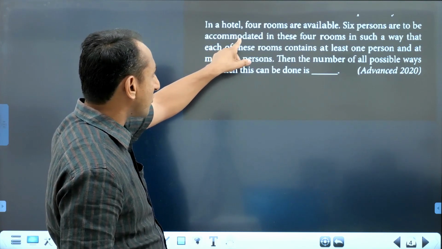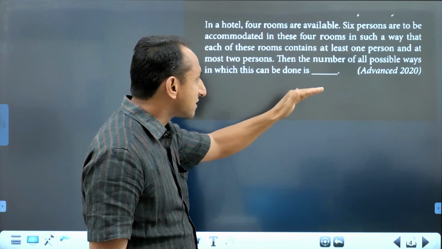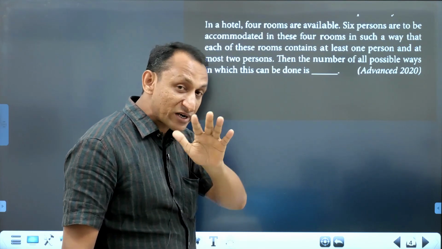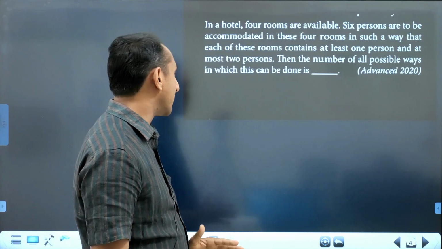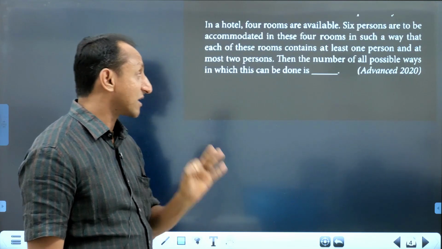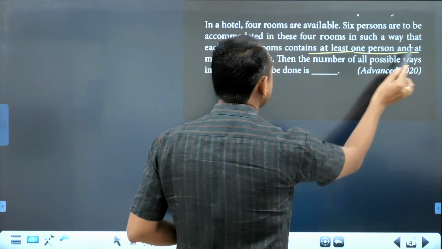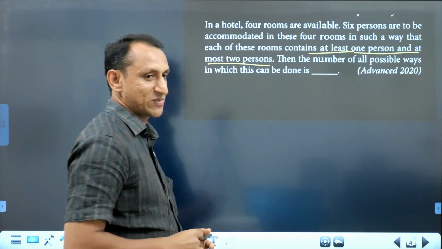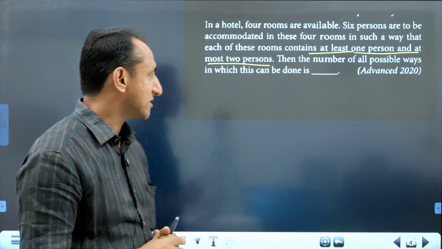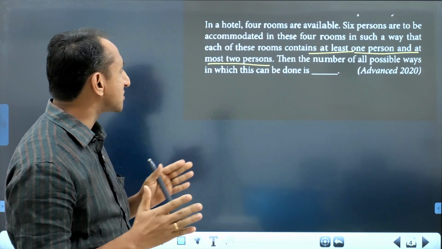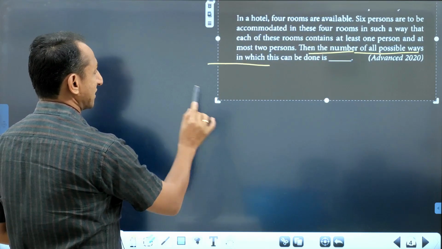In a hotel, 4 rooms are available. 6 different persons are to be accommodated in these 4 rooms in such a way that each of these rooms contains at least 1 person and at most 2 persons. Then the number of all possible ways in which this can be done. How many ways can this be done?